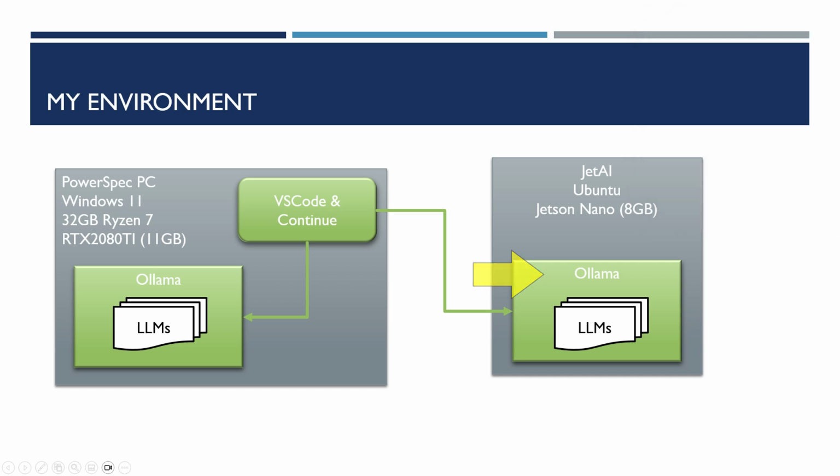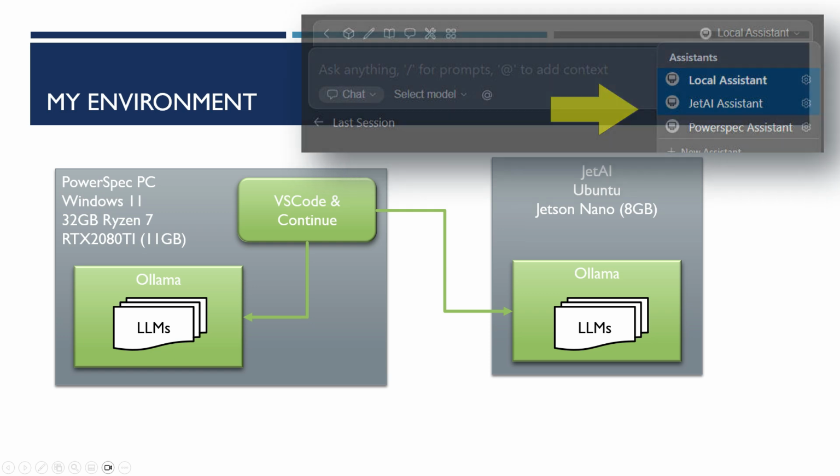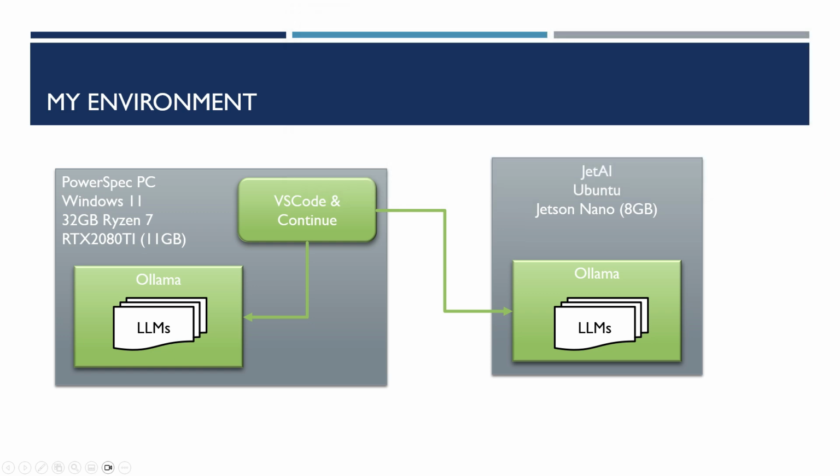So that's a smaller instance of Ollama. It's only got 8 gigabytes of GPU memory, so I can only run smaller LLMs in there. So you'll see when I'm going through the setup, I've set it up so that I can switch between either the agent using the larger Ollama instance or the smaller Jetson Nano Ollama instance.